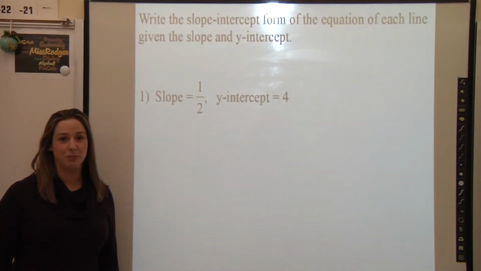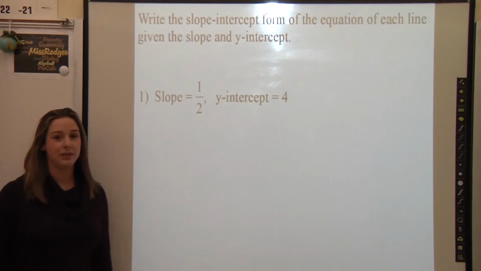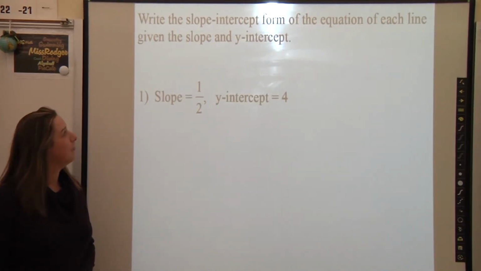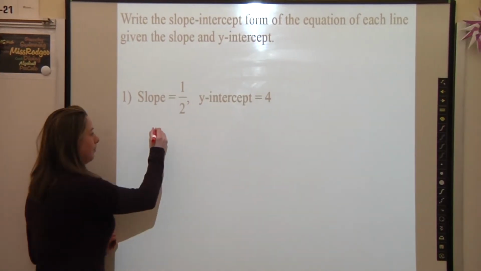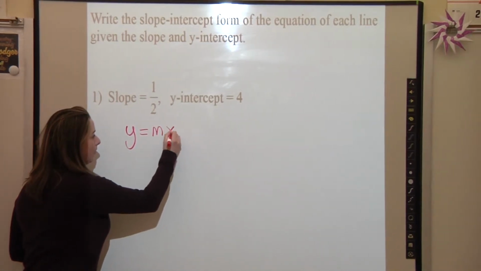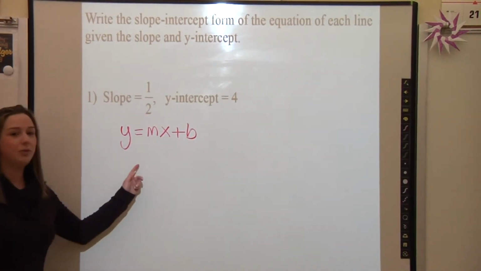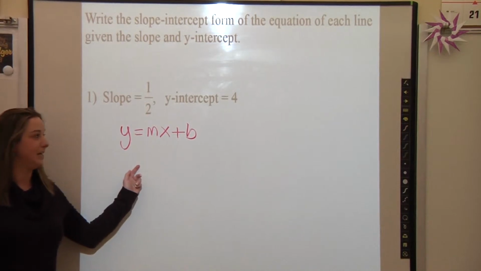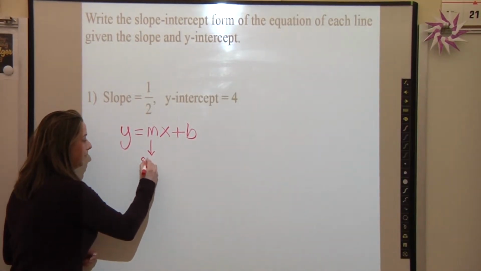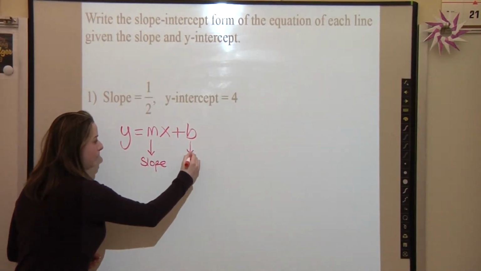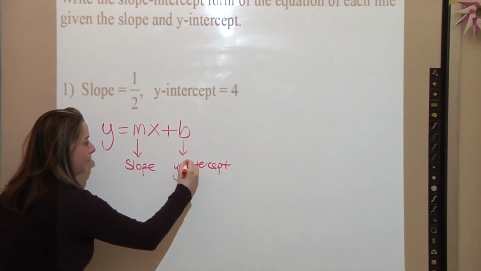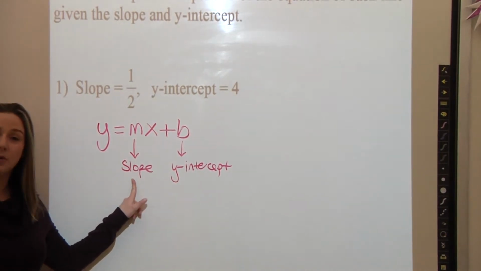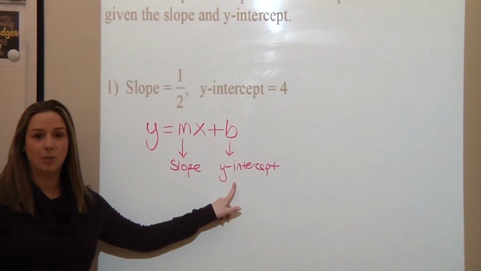Let's take a look at our first problem. Write the slope-intercept form of the equation of each line when given the slope and the y-intercept. So let's first identify what our slope-intercept form is. Slope-intercept form is y equals mx plus b. Our m is going to be our slope, and our b is our y-intercept.